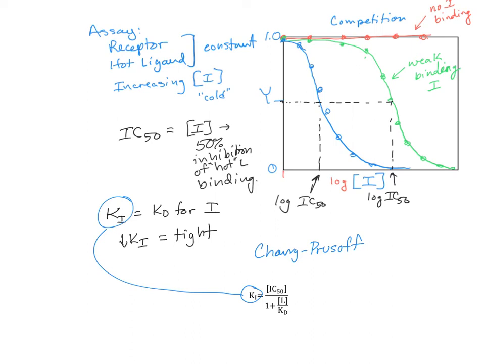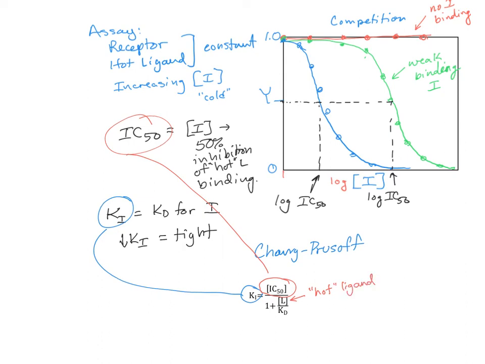We take the IC50 and we plug that into the numerator. We divide that by this term, 1 plus ligand concentration. Now we've got to be careful here. This is the hot ligand.